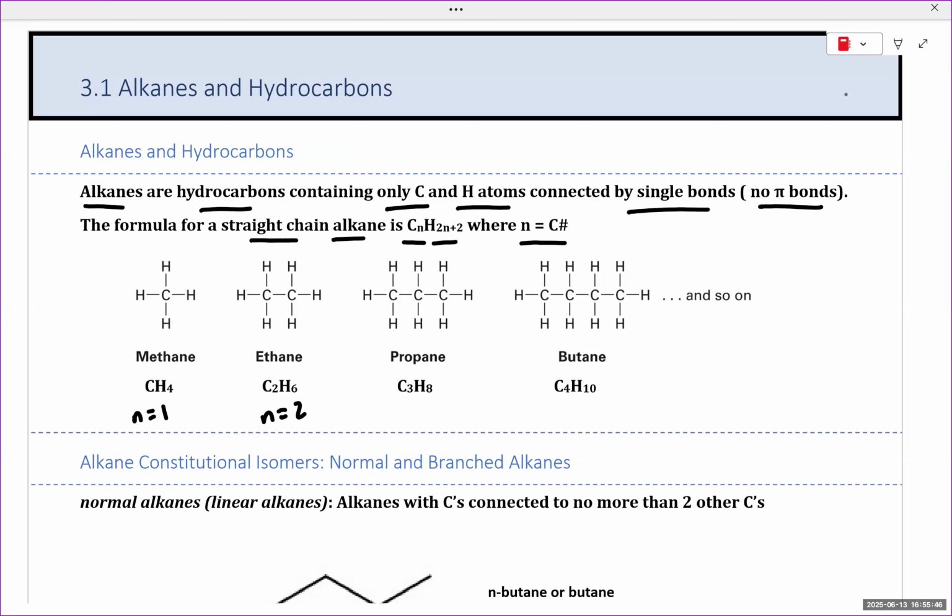Propane, C3H8. Butane, C4H10, and so forth. Paying attention to the number of carbons and hydrogens is very important because, as we'll see later on, we can use the carbon and hydrogen count to identify the presence of double bonds, triple bonds, or rings.